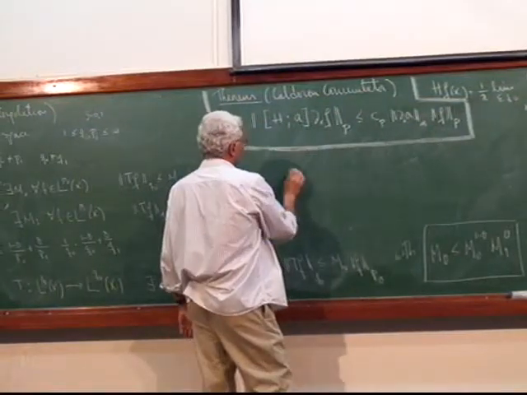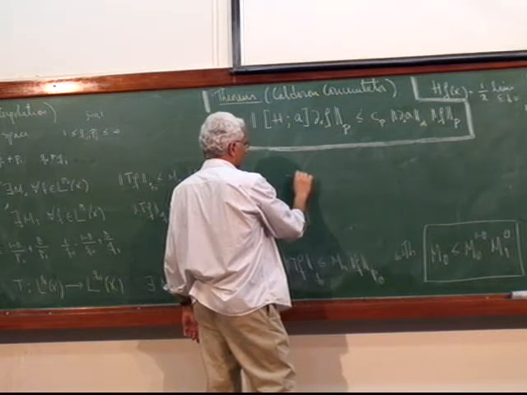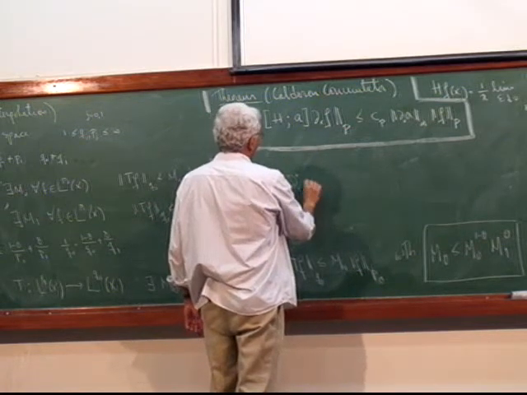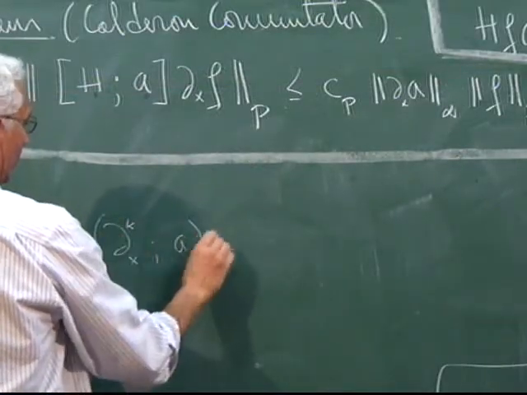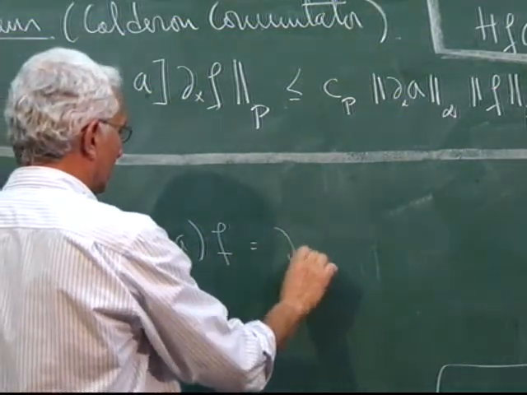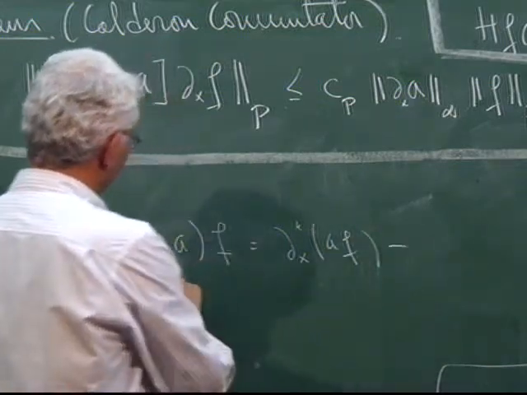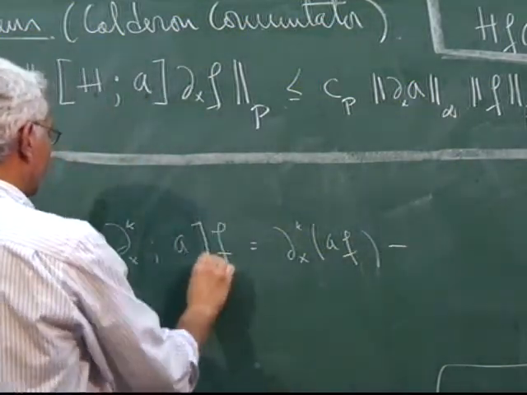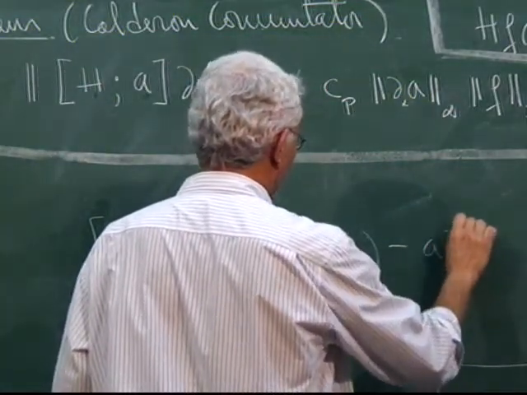If you have a differential operator, derivatives of order k, and you commute this with a multiplication by A and apply to f, what do you have? You have the derivatives of the product minus A times derivatives of order k of f.